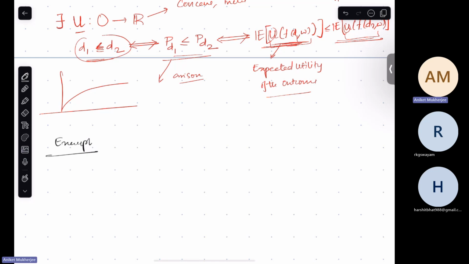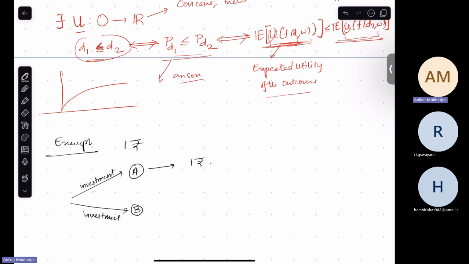Suppose you have 1 rupee. Now you have two options: there is an investment A, and there is an investment B. Investment A: if you give 1 rupee, you will get 1.5 rupees with probability 1.